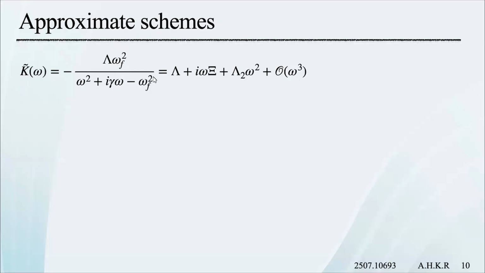But in the early inspiral, you can approximate the denominator using a Taylor series approximation. So you can say that omega is not very close to omega f. Then the Taylor series expansion gives you a first term, which is called lambda here, which is independent of frequency. This is called the tidal deformability, or the adiabatic tidal deformability.